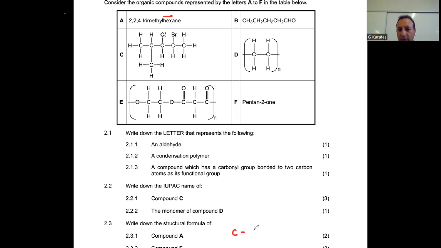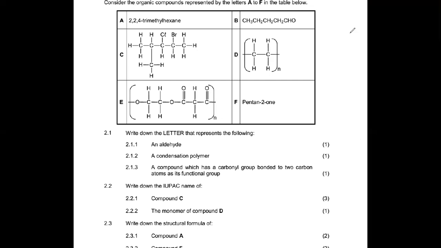I think it's better I use more space. Let me turn off the video so I can use this part. Okay, for compound A, 6 carbon atoms, 1, 2, 3, 4, 5, and 6.